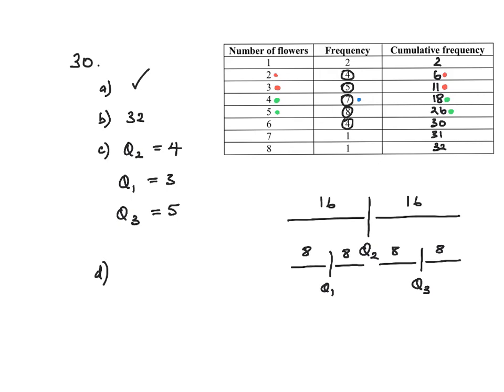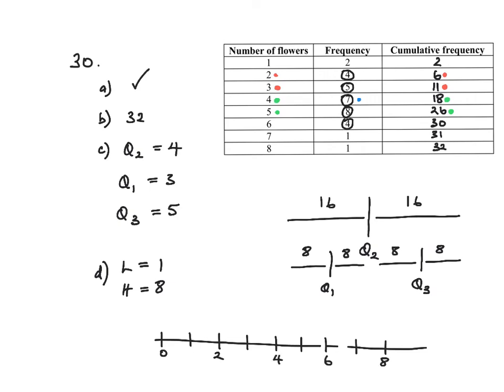Part D asks us to draw a box plot to illustrate the data. What we need is the lowest value, which is 1, and the highest value, which is an 8. Now if I draw a number line like so, and I mark off different values, so we could have 0, 2, 4, 6, 8, and 10. The smallest value is a 1.